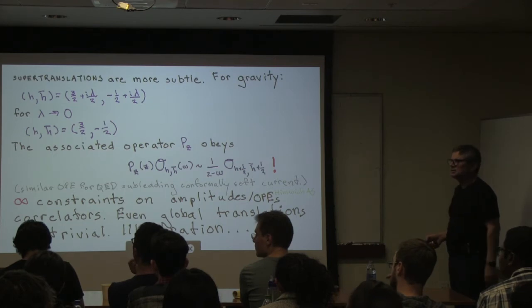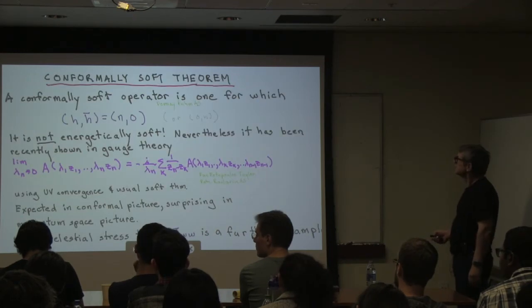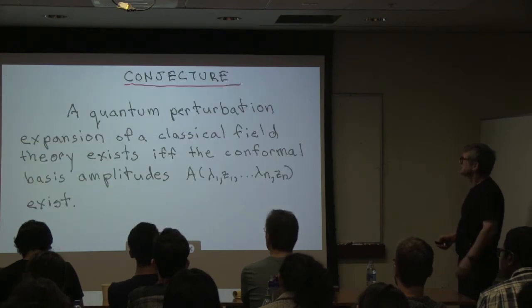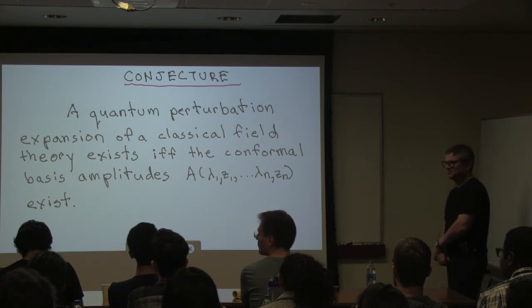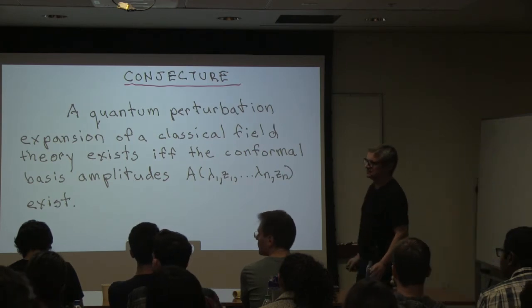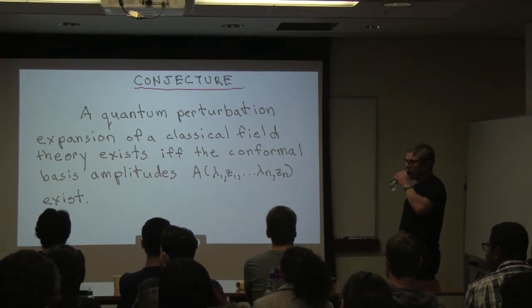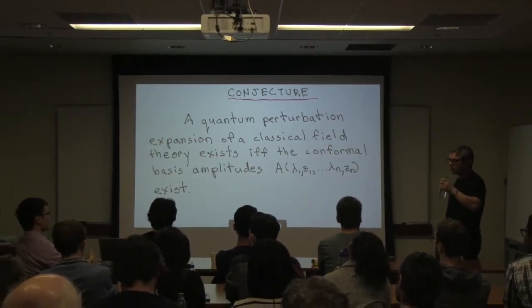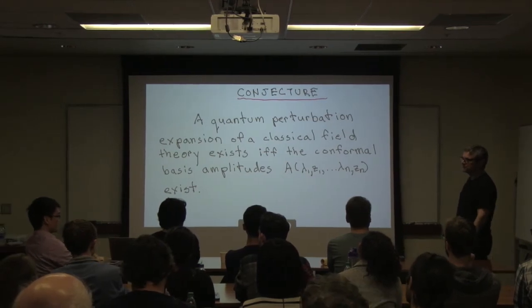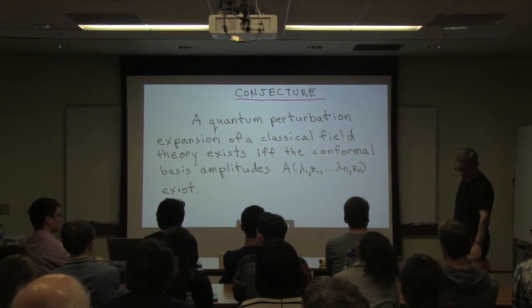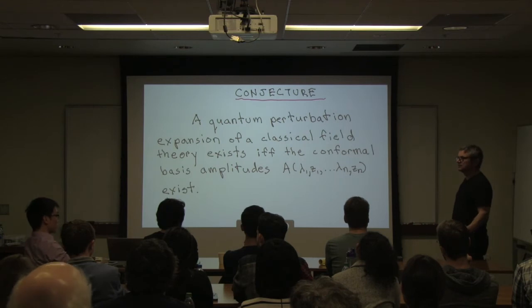Sir, can I go back to your conjecture on the previous slide? So one thing that came to my mind about this kind of UV: I guess your conjecture is saying that the conformal basis is a test for whether some scattering amplitudes admit a UV completion, or whether its UV behavior can be regulated by string theory or whatever.